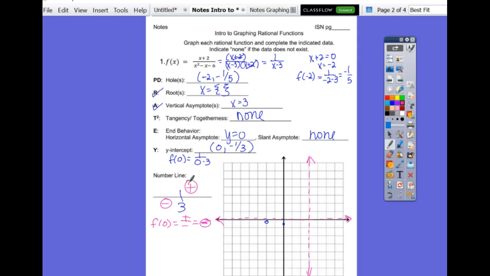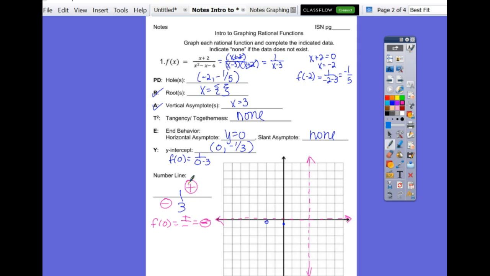Okay, so when I look at this now, this tells me everything from 3 and back has to be negative. So from here back, it all has to be below the asymptote. So when I draw this, can this go above the asymptote? Because it has to be negative, right?